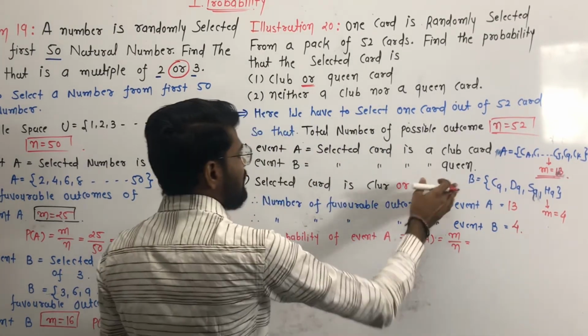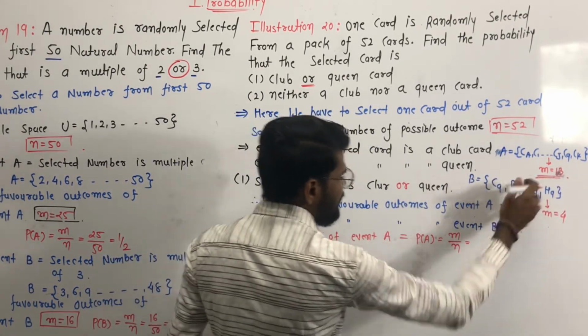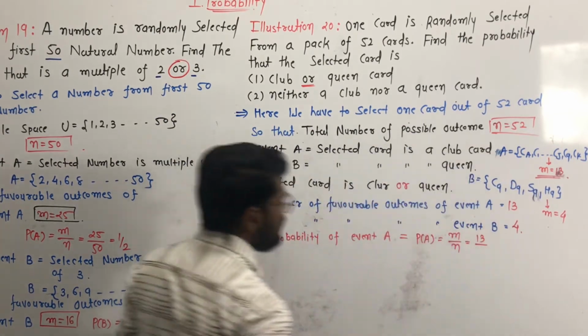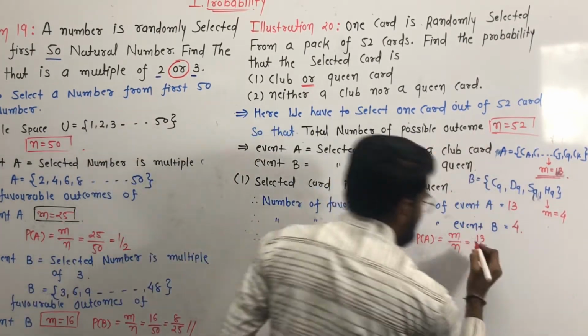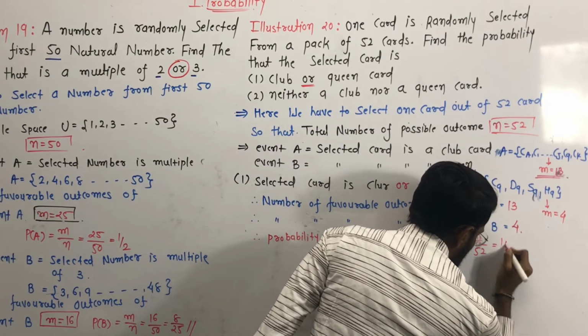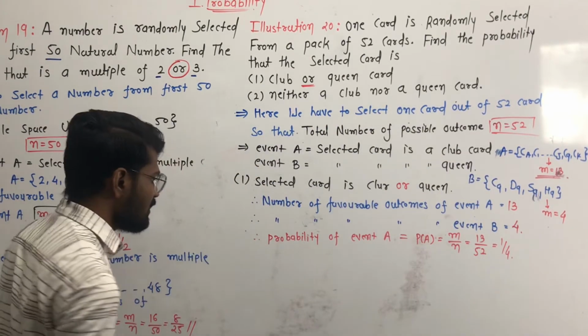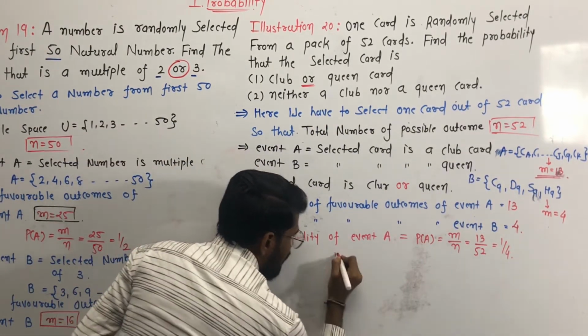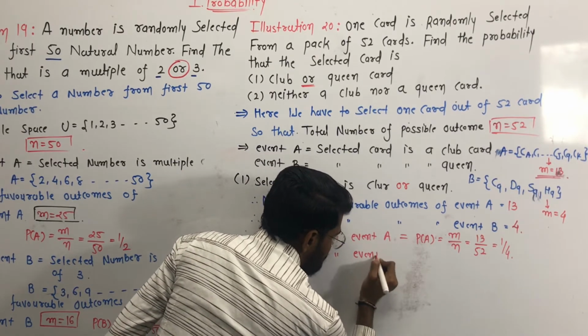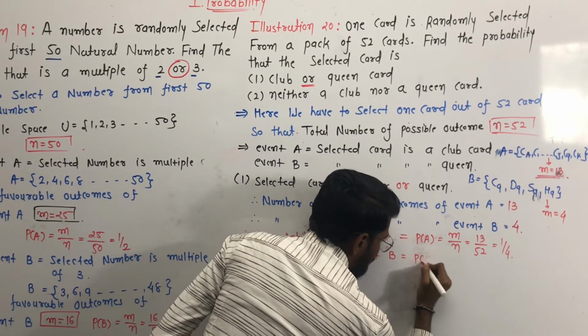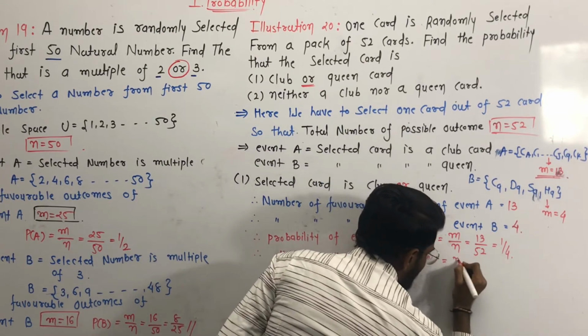The number of favorable outcomes for event A is 13 and the total number of possible outcomes n is 52. So it is equal to 1 by 4. Clear?